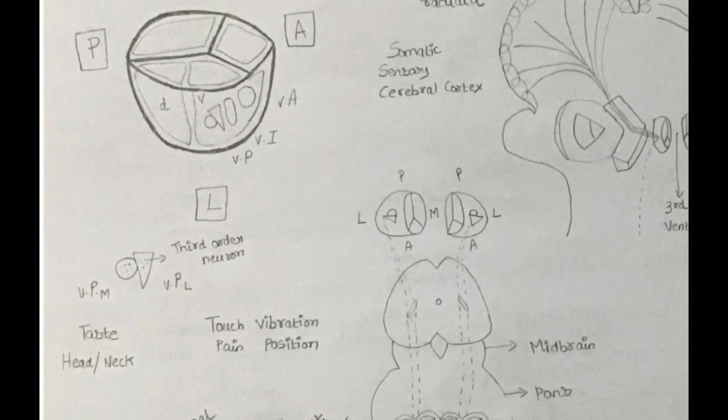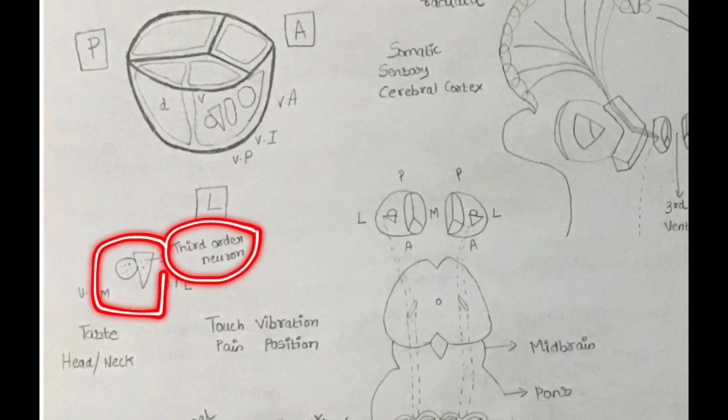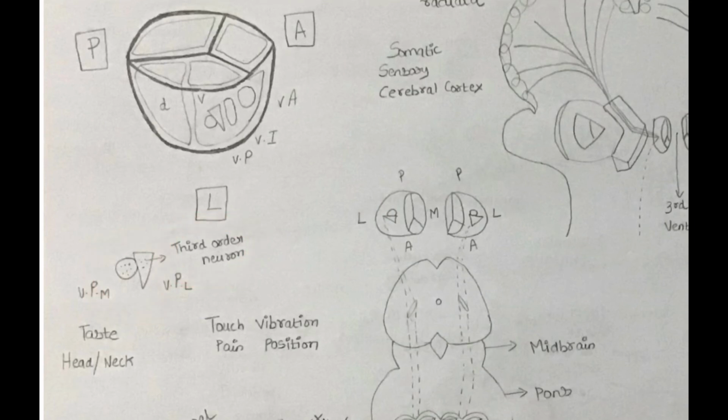So the third order neuron is located in the nucleus of the thalamus. The first order neuron you see in the dorsal root ganglion, the second order neuron in the nucleus cuneatus and nucleus gracilis located in the medulla oblongata, and the third order neuron in the nucleus of the thalamus.